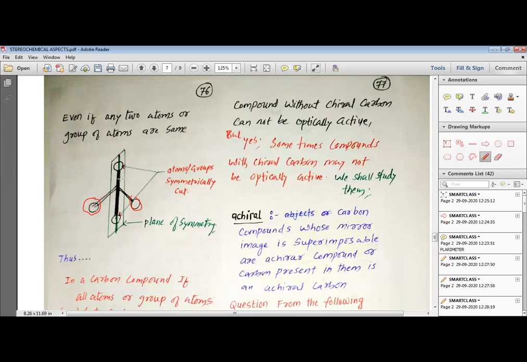But these two atoms are not the same. So we can have a plane of symmetry, atoms or groups symmetrically cut. We can have such a plane of symmetry that cuts these two atoms which are not the same. This atom and this atom are not the same.